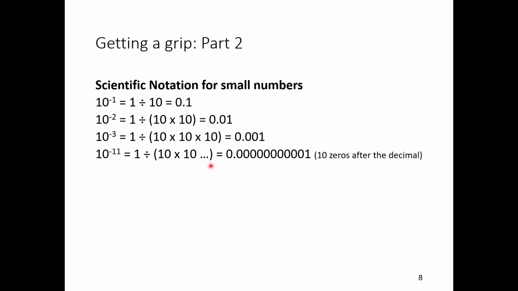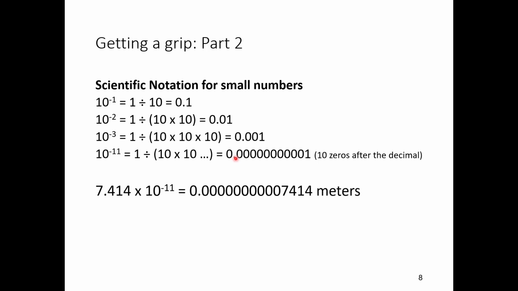It's much better to remember that to get from here to here, you had to move the decimal point 11 times. So if you start here, you would go 1, 2, 3, 4, 5, 6, 7, 8, 9, 10, 11, like that.